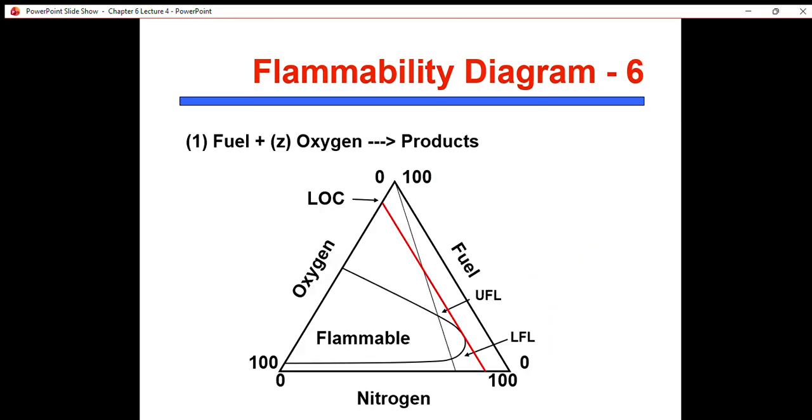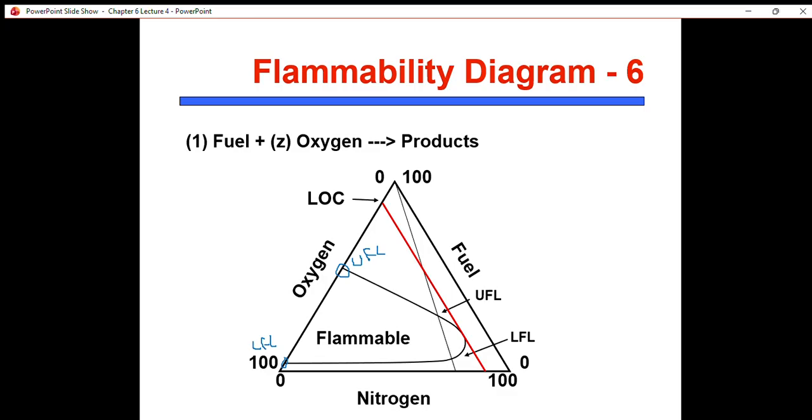And now we come to the last component, which is the LOC line, or limiting oxygen concentration line. After you specify the flammability zone, where this represents what we call the UFL, which, as I mentioned, will be given to you in oxygen, and this gives you the LFL for this material in pure oxygen.